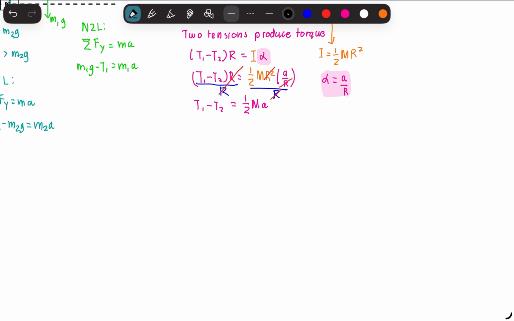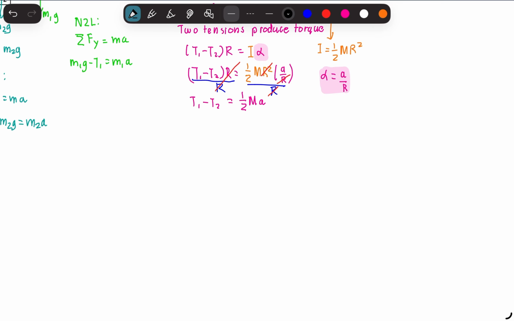Now we have to solve for acceleration. So we can add the mass equations.